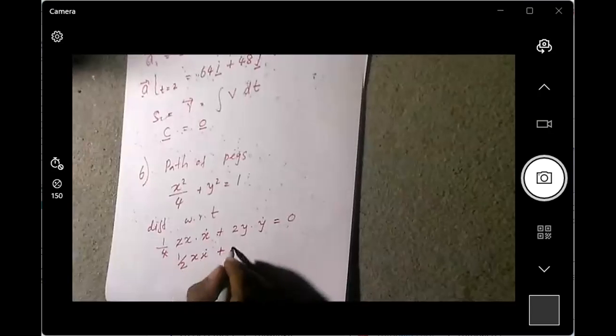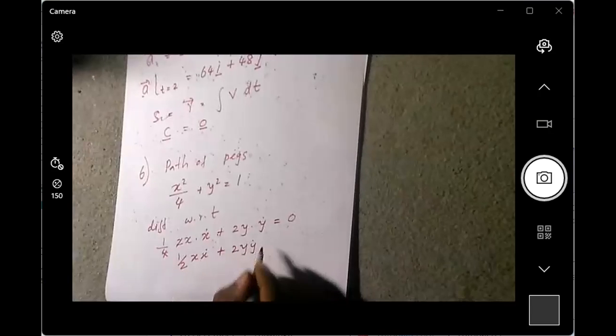Half x into x dot plus 2y into y dot is 0. Any question up to here? Okay, then what are we going to do?